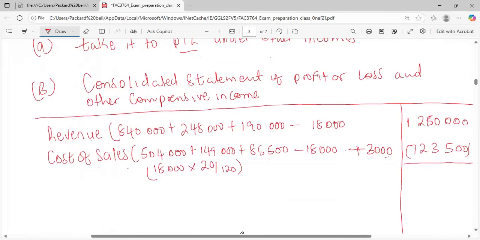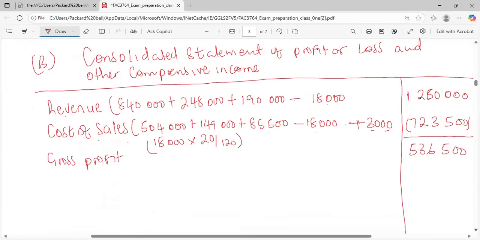We now need the gross profit. We just subtract from there. How much are we going to have there? 536,500.